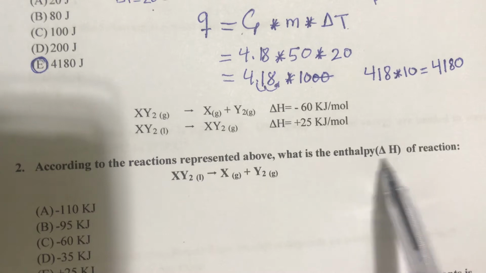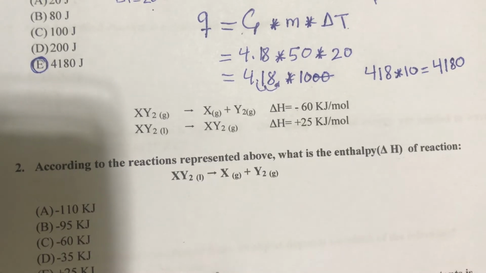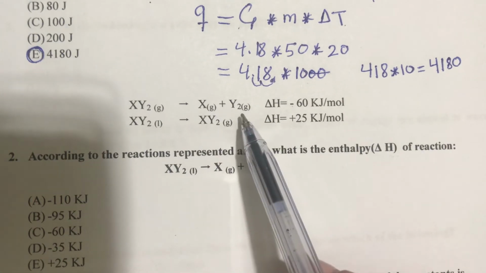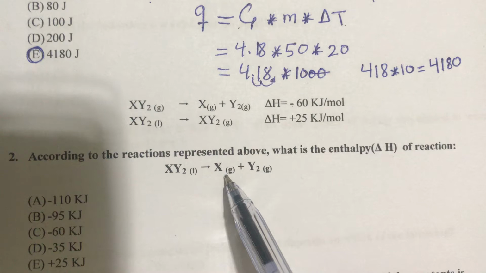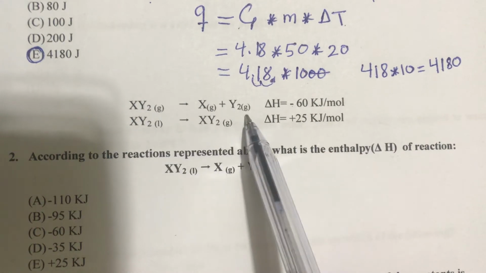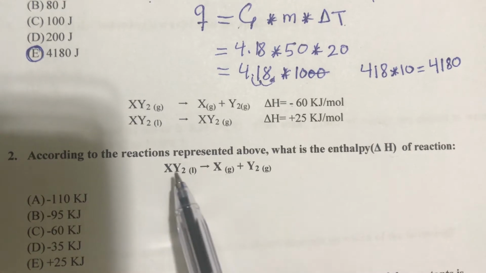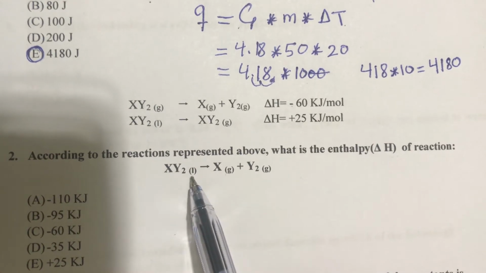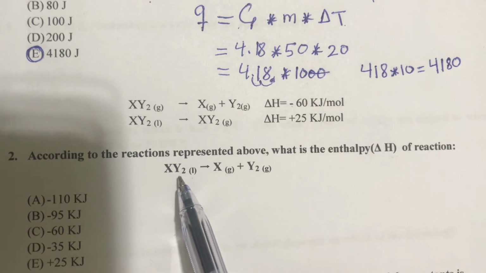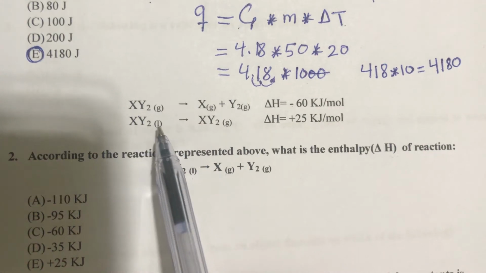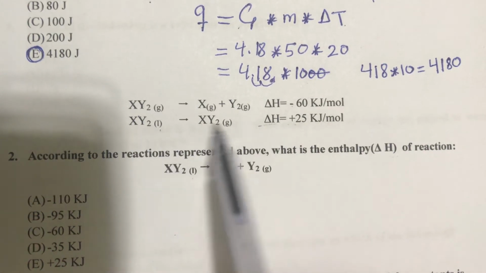So if you have chemical reactions and you want to get the enthalpy for this reaction, you have to rearrange the reactions here to get this reaction, and any change of these reactions changes delta H. So here XY2 liquid is on the reactant side, so in this reaction, don't change the reaction.